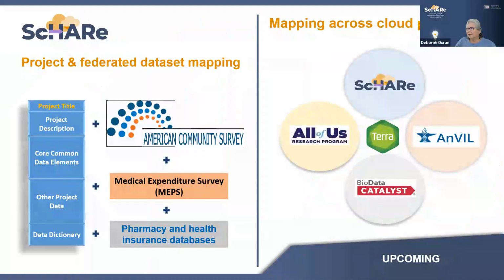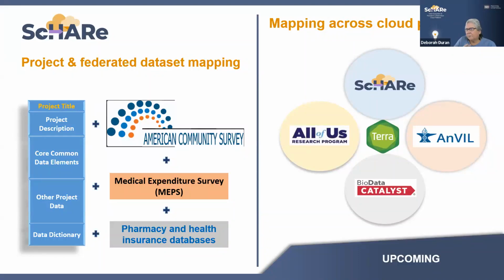The other piece that we're doing is taking the core common data elements and linking them to the federated data sets, so that you're going to be able to bring in these federated data sets to help you better understand what's happening in your project data.